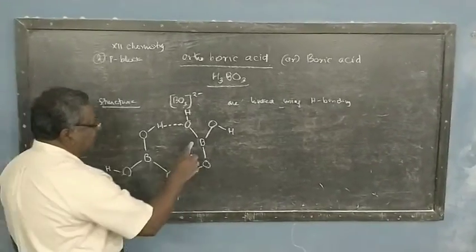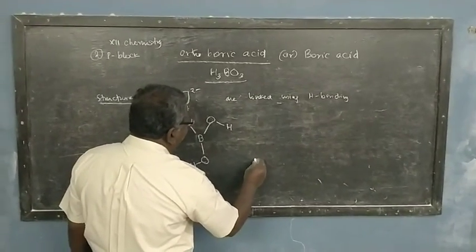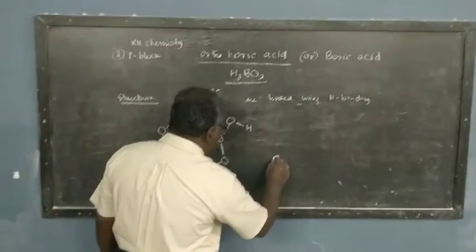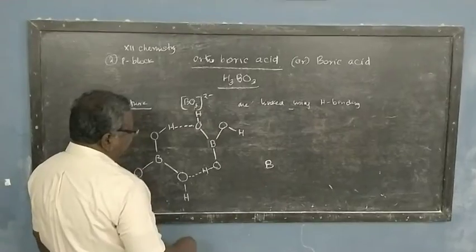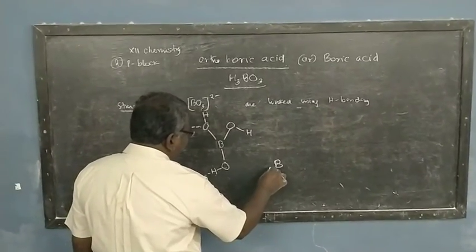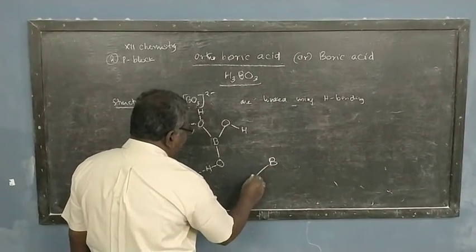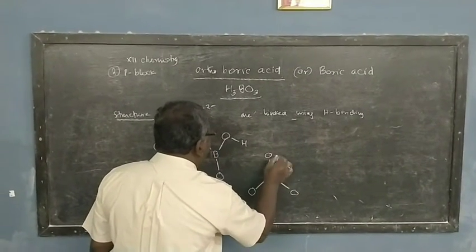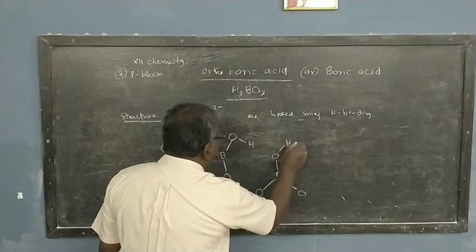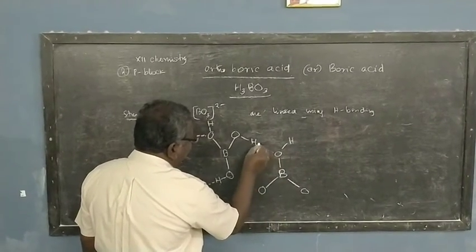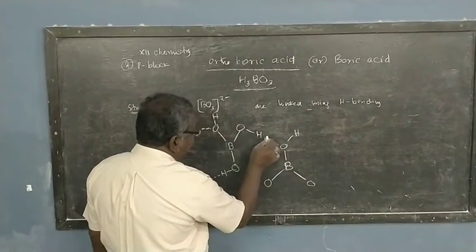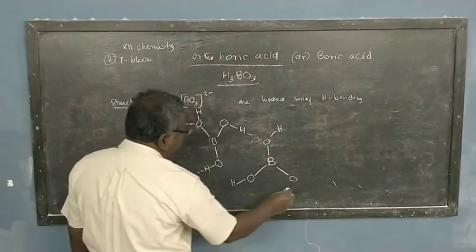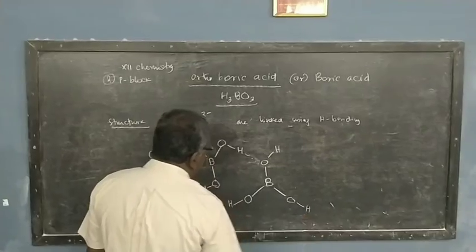Similarly, you can put the next boron here. So that boron will have the oxygen going like this, right? One oxygen here, and these two will have hydrogen bonding, right? And we have hydrogen here and hydrogen here, right?